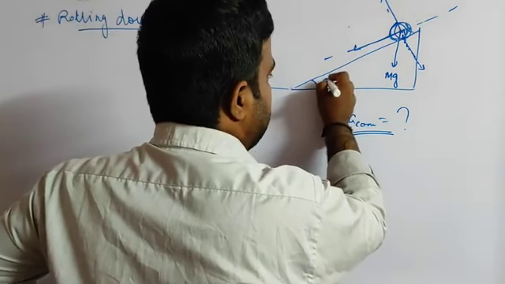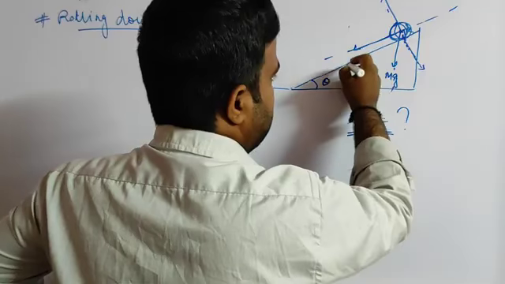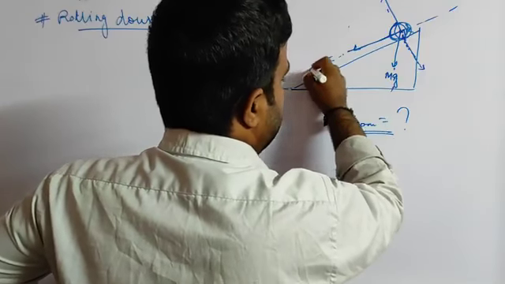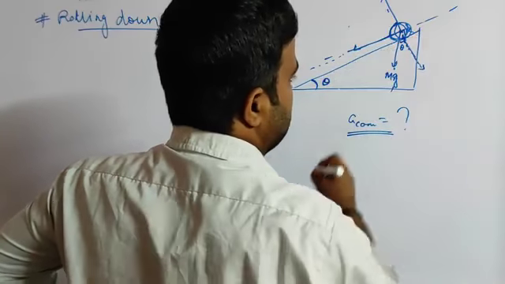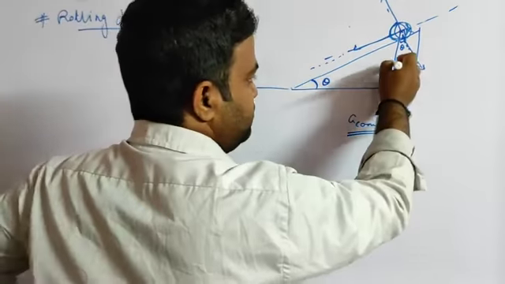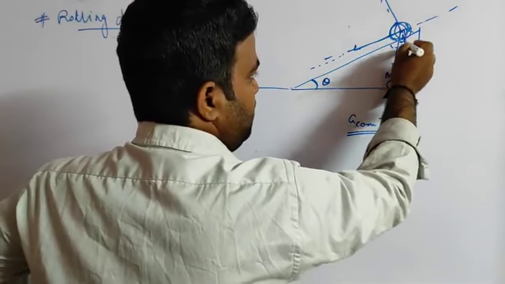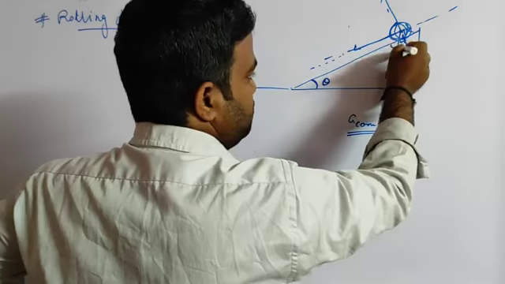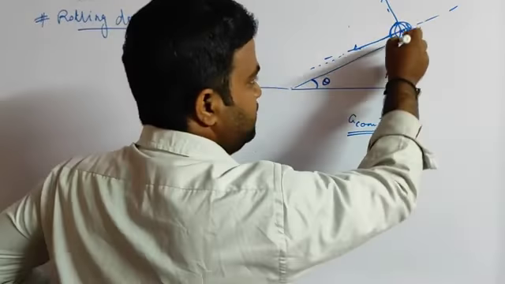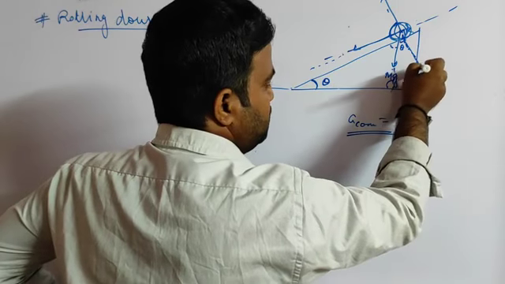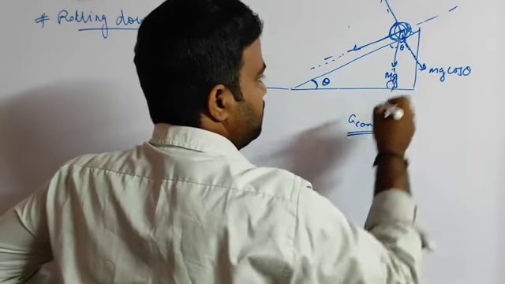Now as this is theta, you can easily prove it. These are parallel lines, so this should be theta, isn't it? Because if we join it, this will be 90, this will be 90 minus theta, and again this is 90, so this will be theta. So if this is theta and this is mg, this one will be mg cos theta.